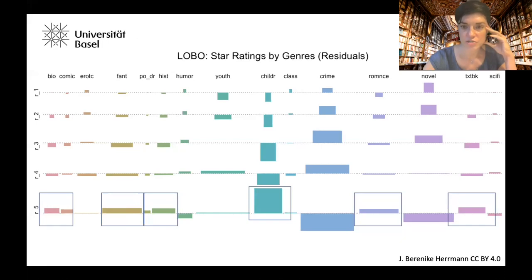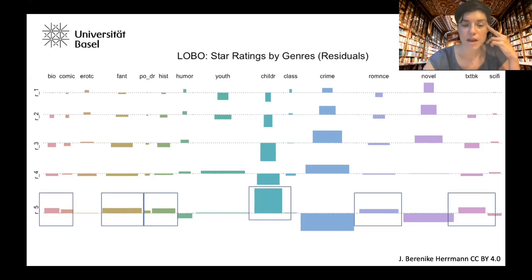So you have children's literature really positively. You also have fantasy, you have the biographies, and the nonfiction with what I there call textbooks, and then the biography to the left. Also romance novels and historical novels, and even poems and drama a little bit, right?